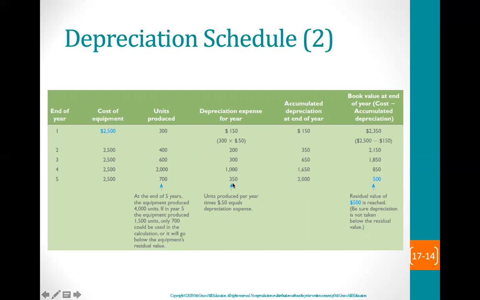Therefore, our depreciation expense is $350. Accumulated depreciation from the prior year plus depreciation expense for this year gives us accumulated depreciation at the end of the year of $2,000. $2,500 less $2,000 gives us a book value of $500, which is what our residual value is. Therefore, we have not depreciated below residual value.